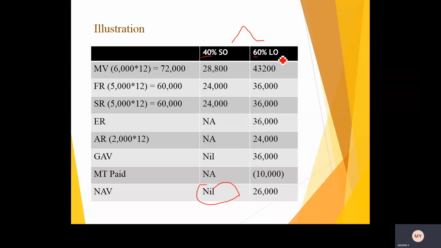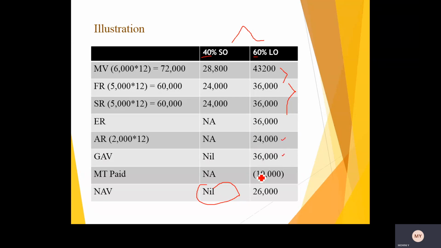In case of let out, the higher of this is 43,200, and the lower of that higher amount with standard rent is 36,000. So 36,000. Actual rent is 2,000 into 12, because only this let out property is given on rent. The self-occupied part was being used by the owner for himself. So in this case, the actual rent is entirely under the let out property, GAV.